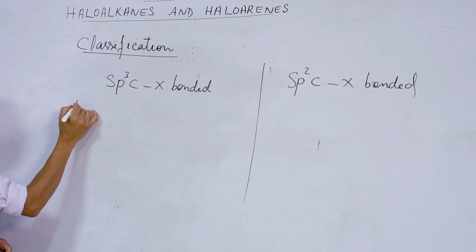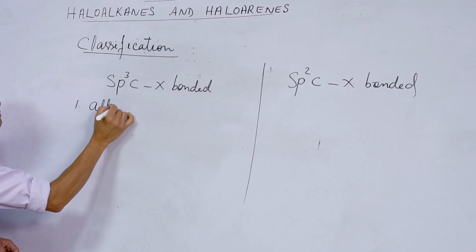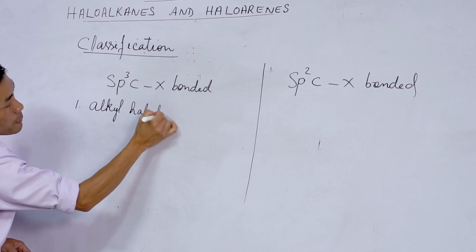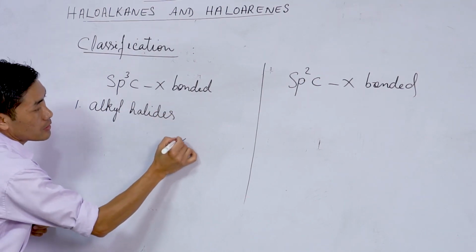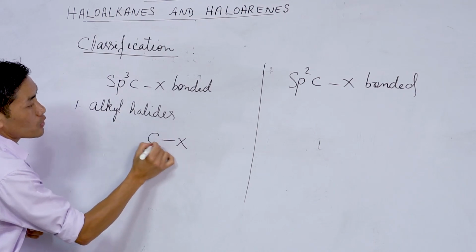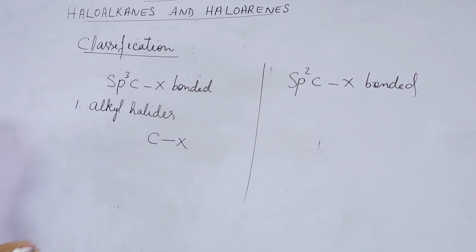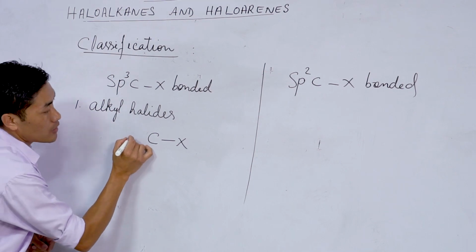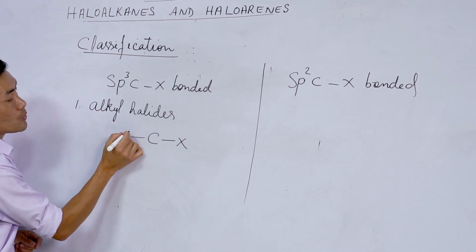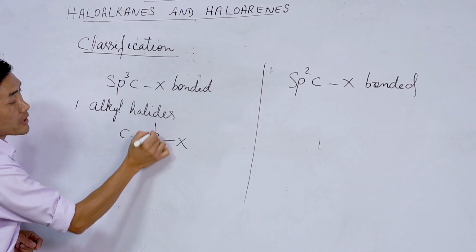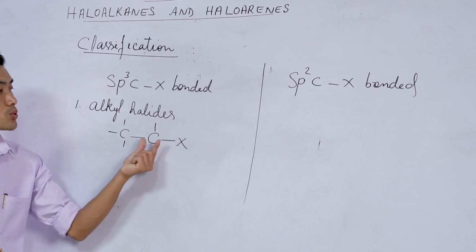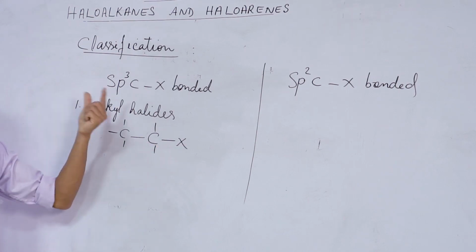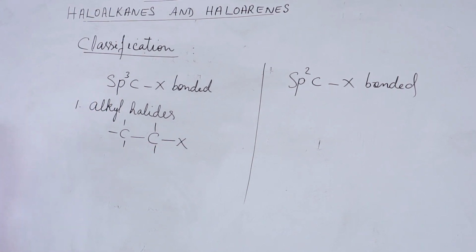So we have the alkyl halides, in which the halogen atom is bonded to a carbon atom, which is again bonded to other carbon atoms by single bonds only. That means the halogen atom is bonded to a carbon of an alkyl group. These are called alkyl halides.